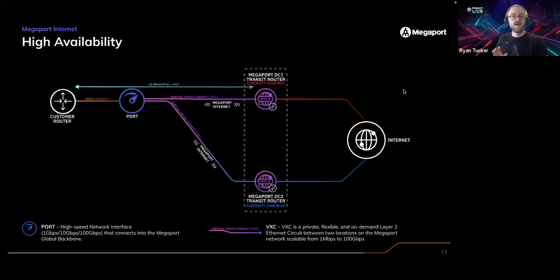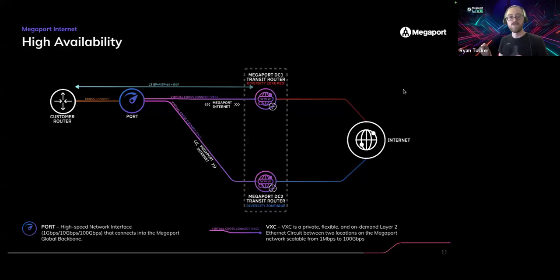So I mentioned earlier that there are some high availability options, so we can provide diverse connectivity and redundant connectivity via the internet service. It works similarly to most of the way that we do diversity for the other products, in that we have different zones. We have a red zone and a blue zone available. So when you create that internet connection, that VXC to the internet, you choose where you want that to be terminated.